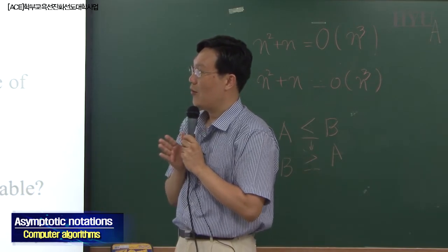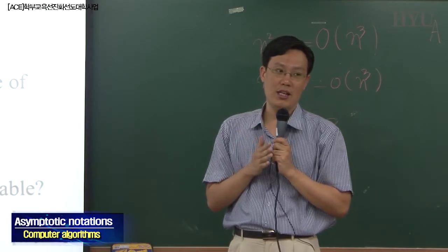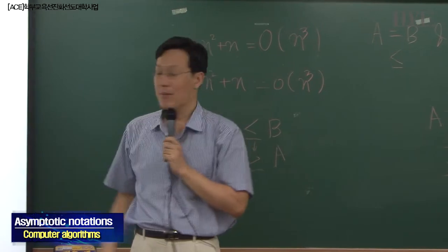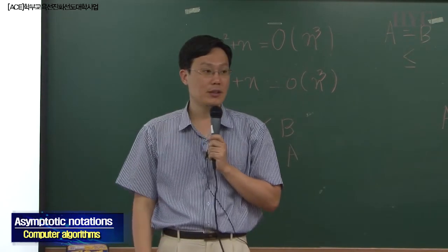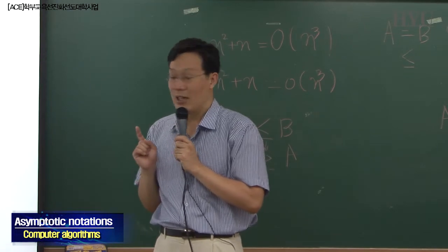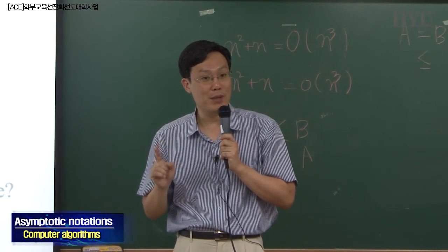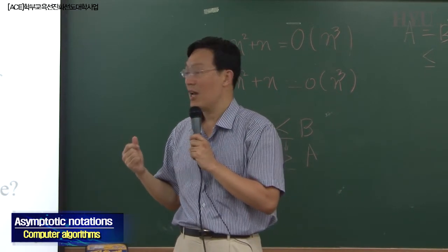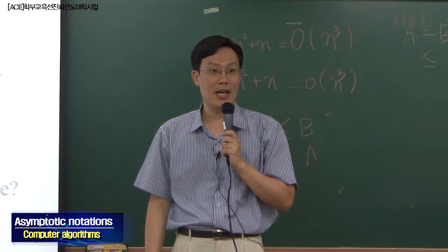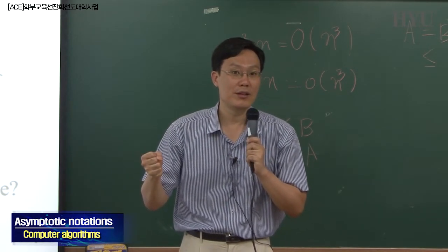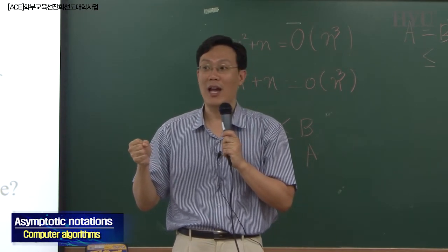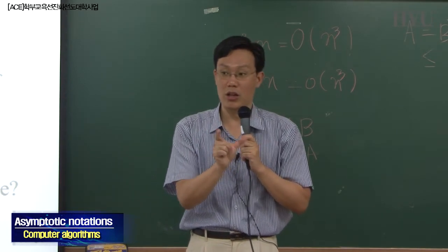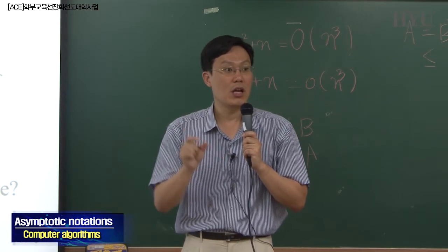It is, for any two real numbers A and B, exactly one of the following must hold. Either A is smaller than B, A equals B, or A is greater than B. That means we can compare A and B for any real numbers A and B. So two real numbers are always comparable.